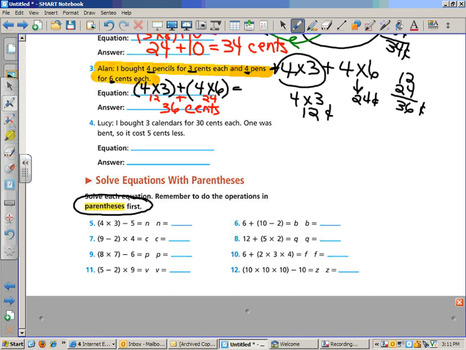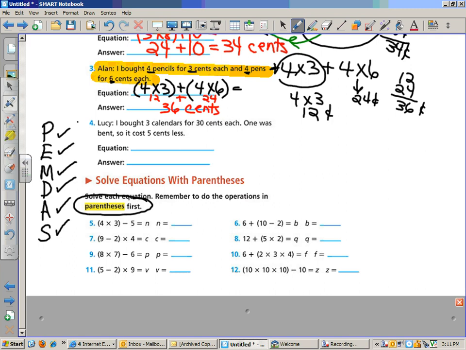As you go through math, we have this acronym or this mnemonic device that we use, please excuse my dear Aunt Sally. And what that means is when you get into higher algebra and you're working more algebraically, we have parentheses, exponents, multiplication, division, addition, and subtraction. It's called the order of operations.